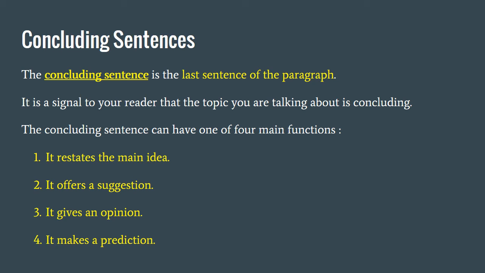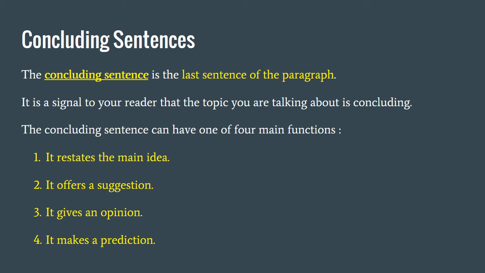Okay, finally, we're getting to our concluding sentences here. This is exciting. Okay, so the concluding sentence is the last sentence of the paragraph. So what you're going to do in the concluding sentence is signal to your reader that the topic you're talking about is coming to an end. The concluding sentence can have one of four main functions.